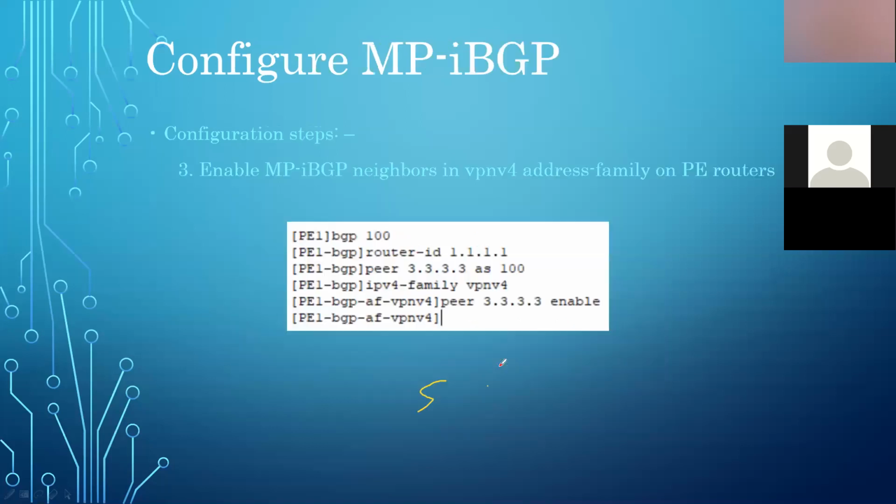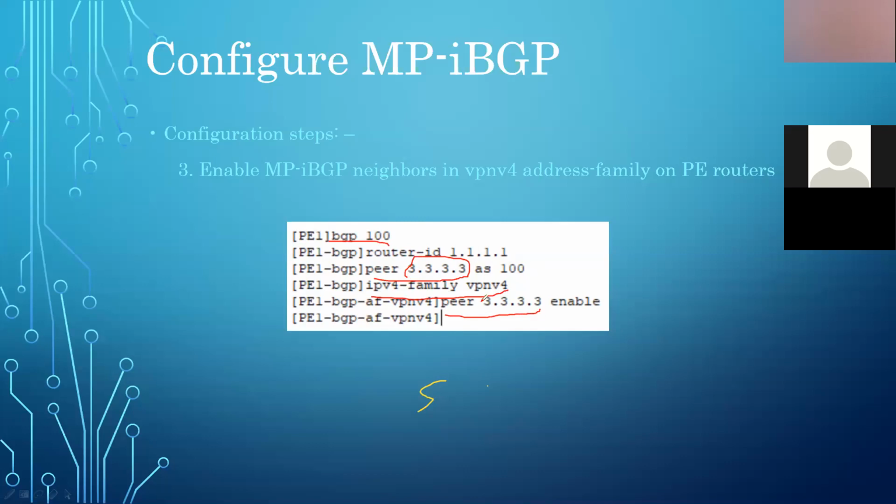After that, as I told you earlier, we will configure BGP on the MPLS network. On PE1, we will configure its router ID and its peer. This is called IBGP with its loopback interface, and we will convert this one into VPNv4 by this command.